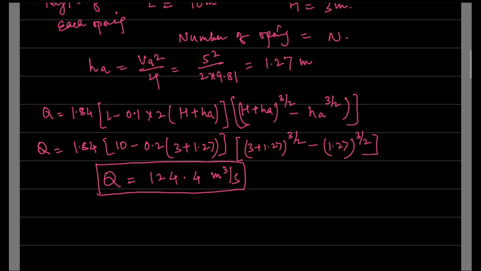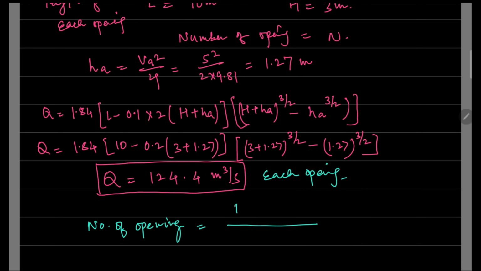Now in order to get the number of openings, the total discharge is already given to us, that is 5000, and this discharge is coming from each opening. So in order to get the number of openings, n, we have to divide the total discharge by the discharge obtained from each opening.